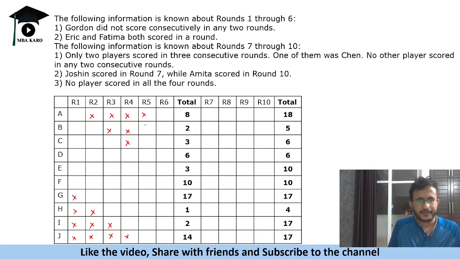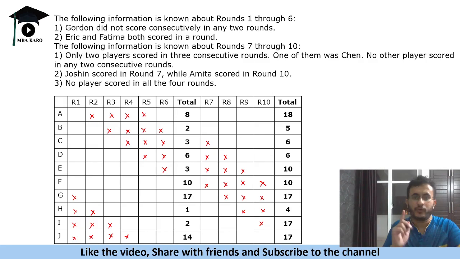In the fifth round, these 4 players will not participate. So this is how one had to find who are the participants and who are not. Now, seventh round, these 4 will not participate. Eighth round, these 4 will not participate. Ninth and the 10th round. So we know who are the participants of which round.